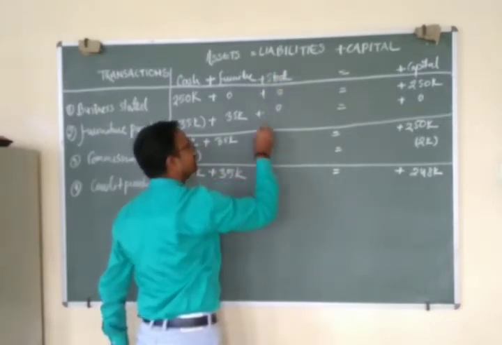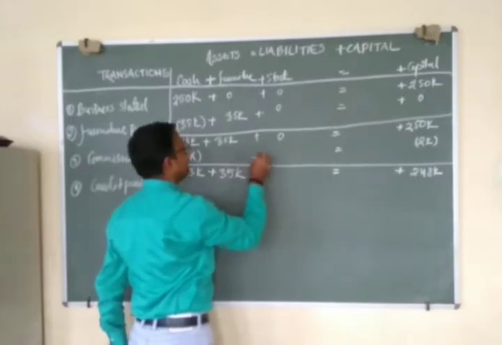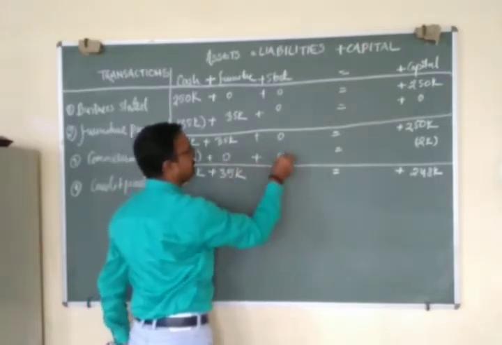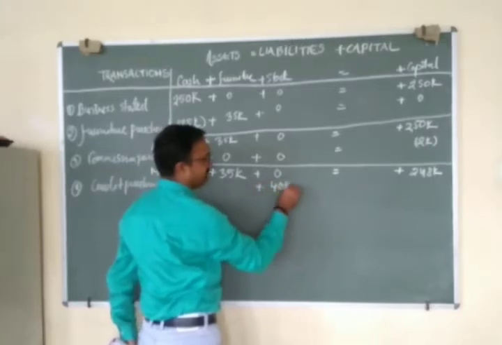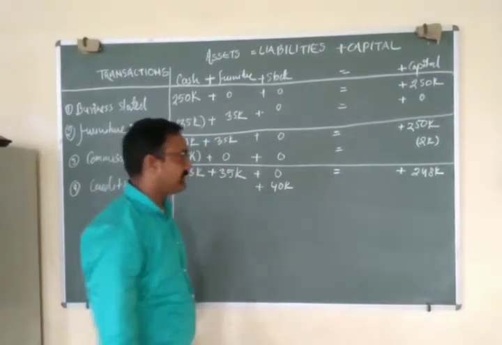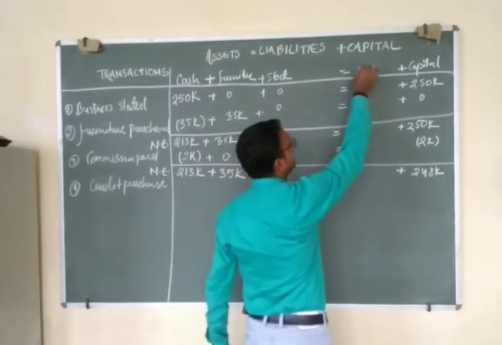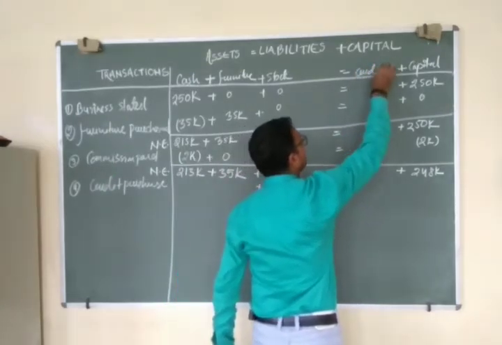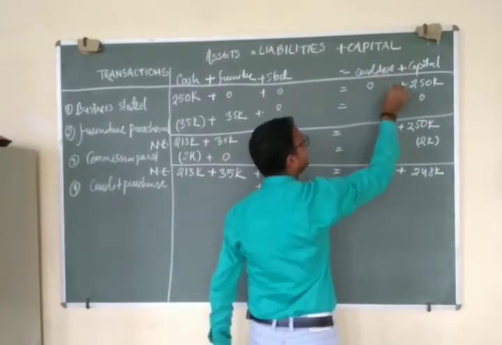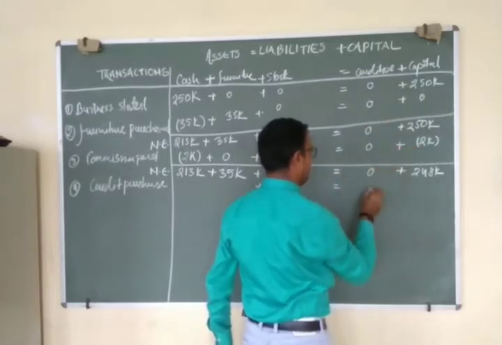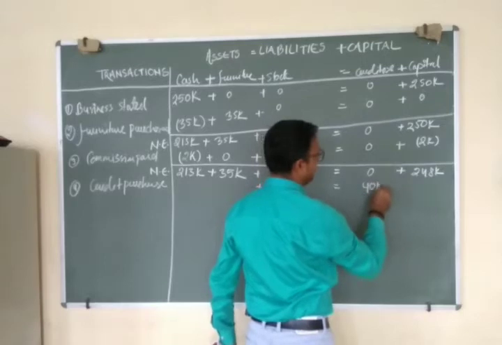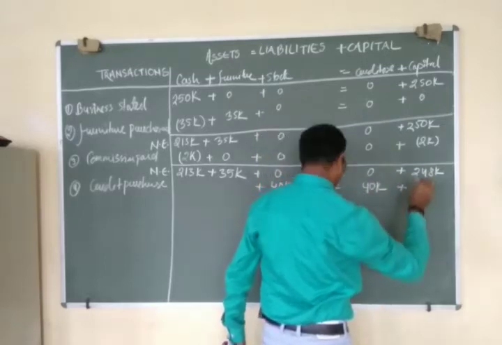Previously it was 0, but right now it will increase by 40,000. But it's a credit transaction, that's why it will increase our liabilities, that is creditors. So creditors we have to increase in the business by rupees 40,000, and no change in the capital.